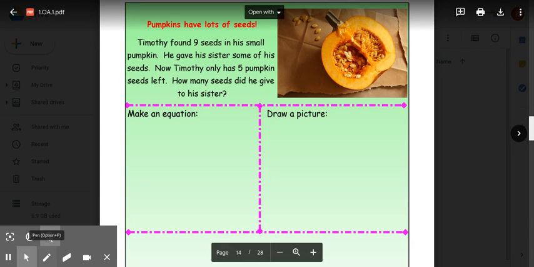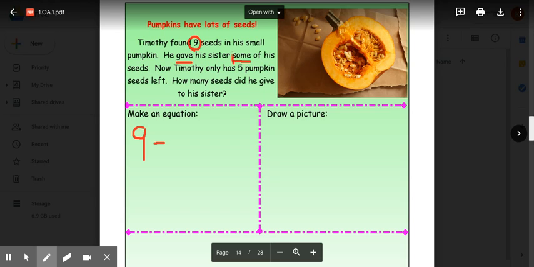So the first thing I'm going to do is make an equation to match my story problem. I'm going to reread the problem and write the equation as I read. Timothy found 9 seeds in his small pumpkin. He gave his sister some of his seeds. Now, I know we are subtracting because it says he gave his sister some, which means he is taking away.